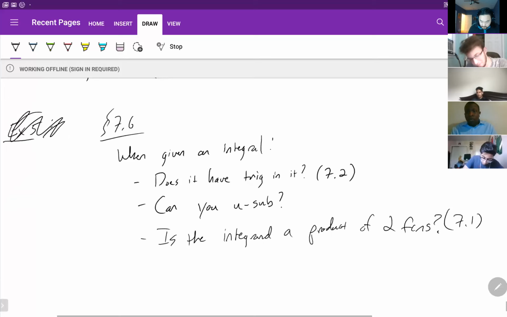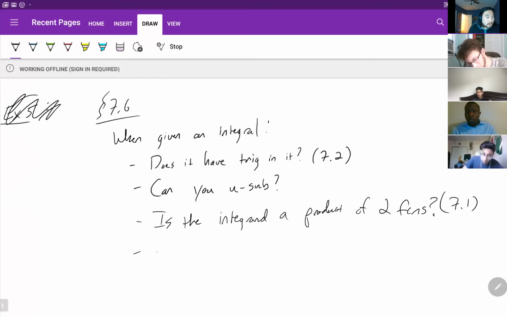Next: can you use trig sub? Meaning, does the form match one of the three cases we talked about? That was 7.4, someone correct me if I'm wrong.